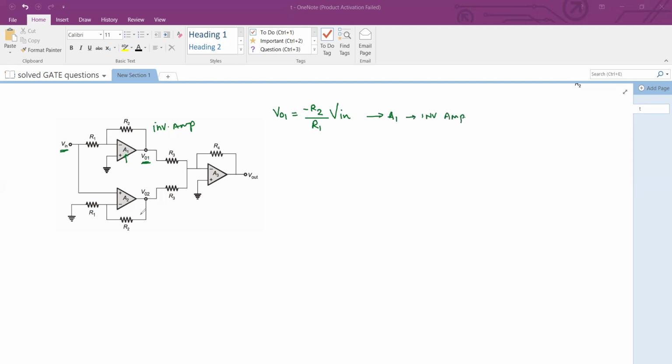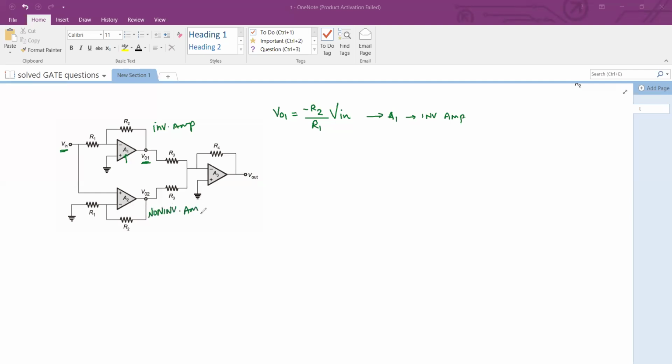Now, if we look at the second stage, A2, we are interested in the voltage at this node. V in is coming to the positive pin of this amplifier, whereas there is again negative feedback provided at the negative pin through this resistor R2. This is clearly a non-inverting amplifier.